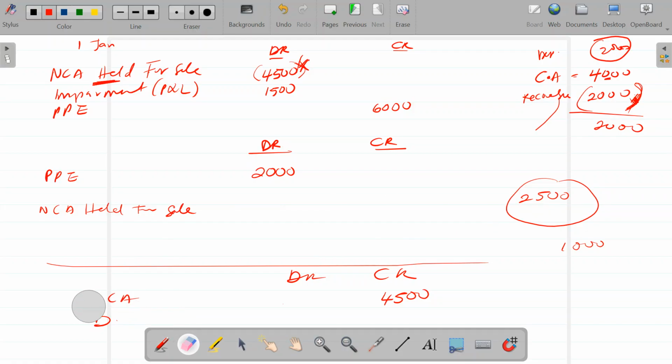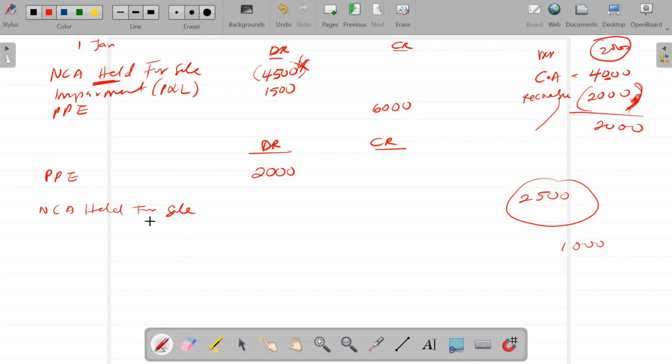Let me try something. Okay, sir. We are entering into the technical zone. Please advance. Let me try something here. So we are taking this off, and then we are bringing this back. So it will be left with 2,500.